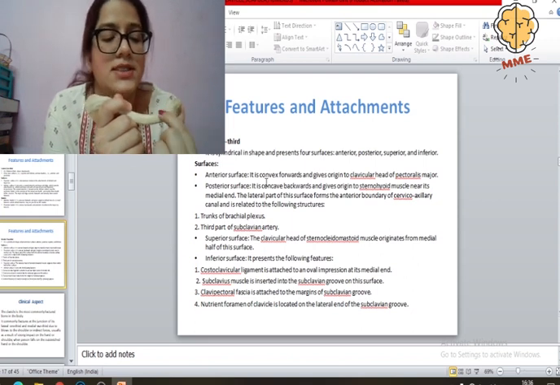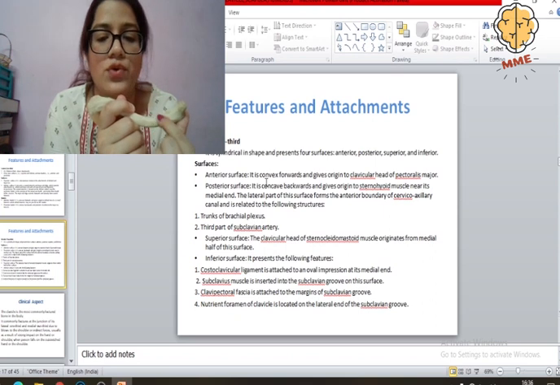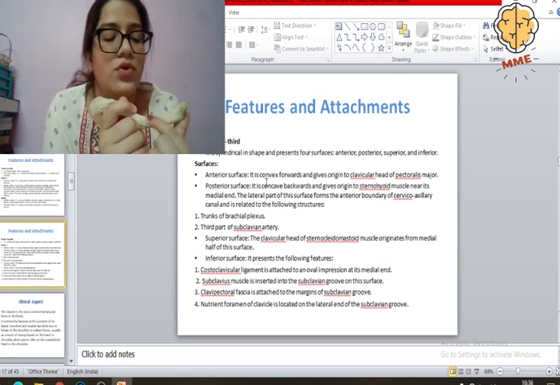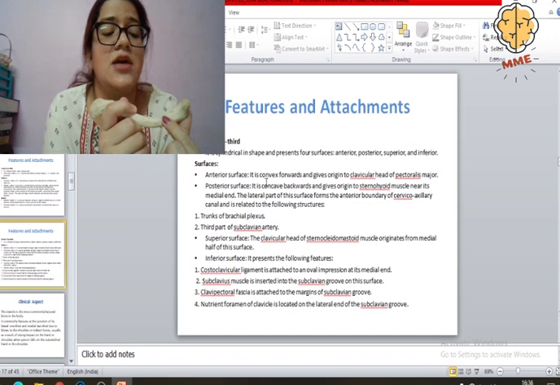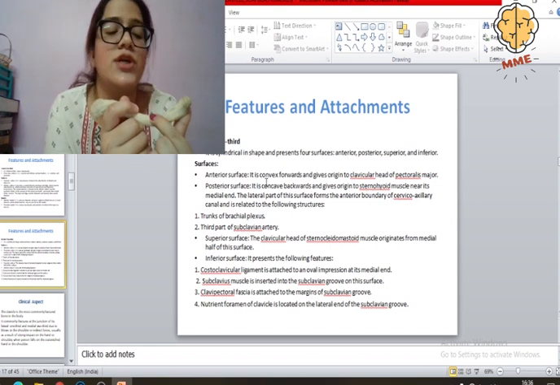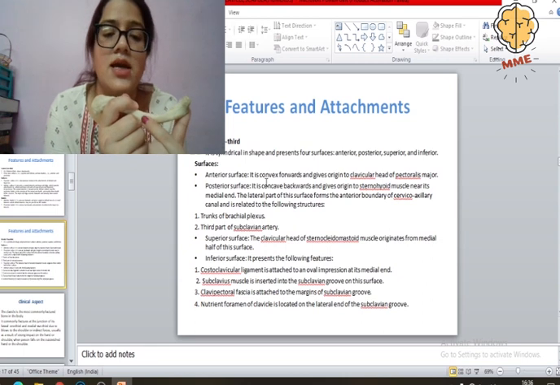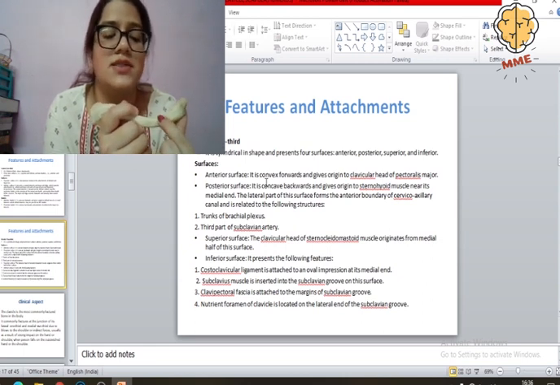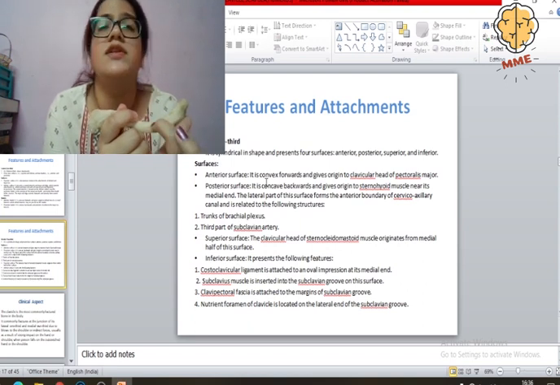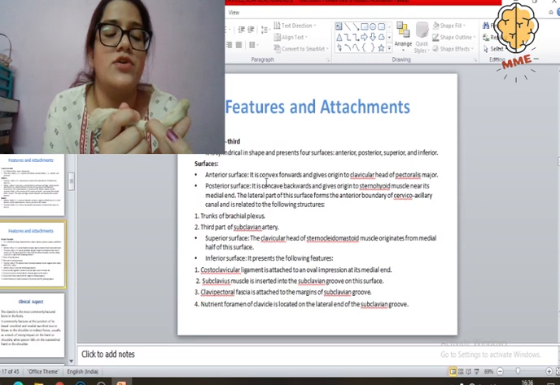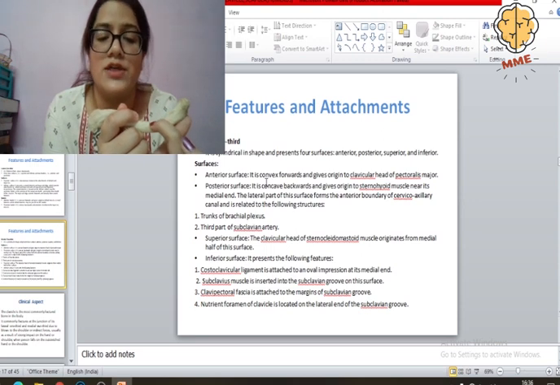Now, just lateral to it, we have a groove. What is that groove? The groove for the subclavius muscle, which we have been talking about for so long, using which we identified the inferior surface of the clavicle, right? So that groove will provide attachment to what? The subclavius muscle. And around the subclavius muscle, in this groove itself, we will have the attachment of the clavipectoral fascia.